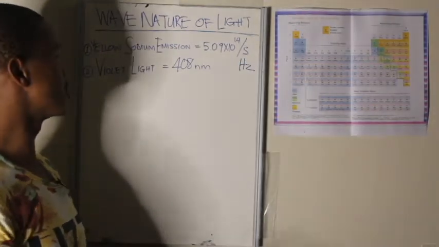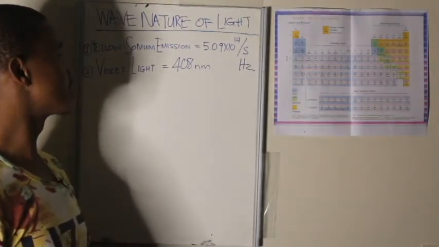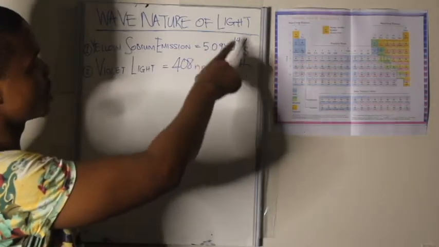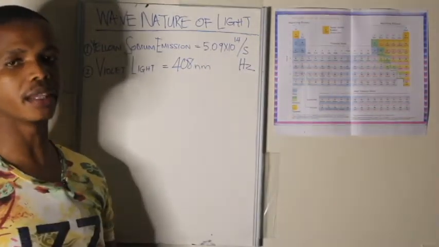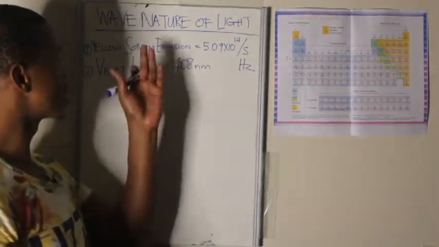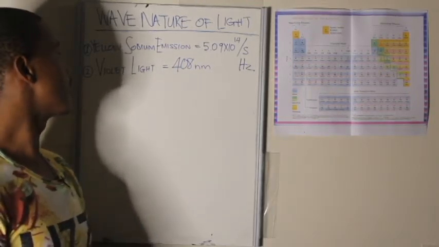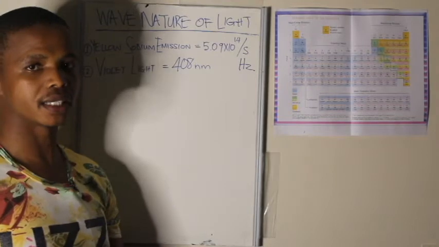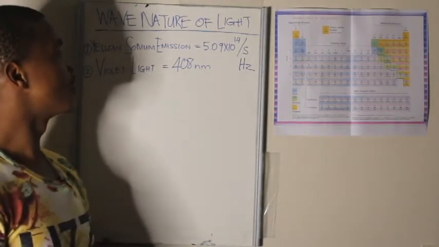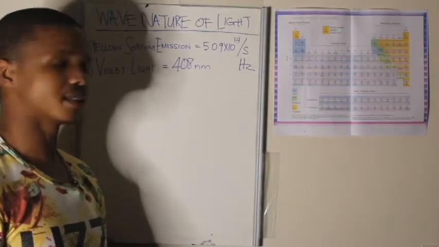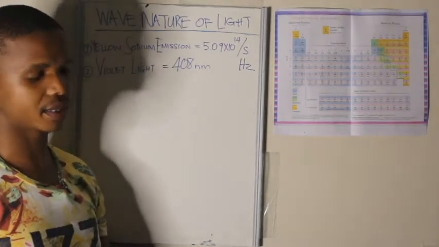If the frequency is this, they would say calculate the wavelength of such an emission. And then if they give you the wavelength of the violet light, which is 408 nanometers, they would say calculate the frequency.